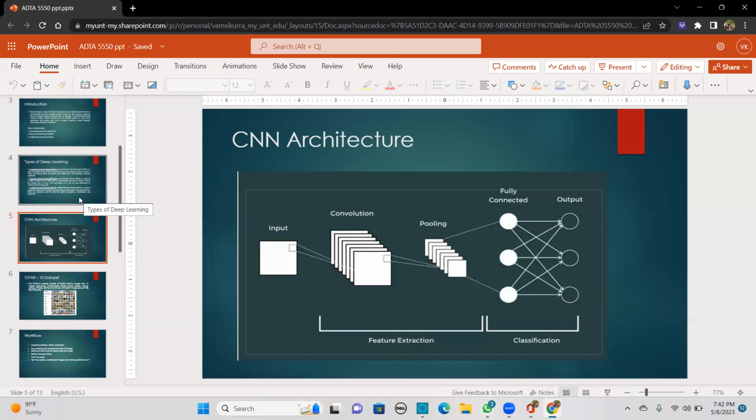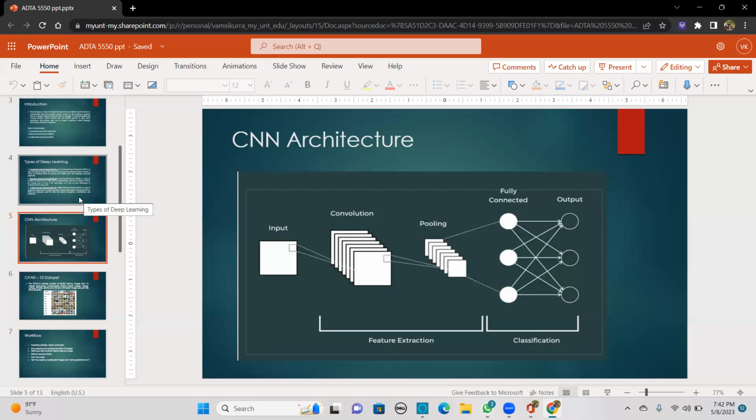The function helps to speed up the training process and prevents the vanishing gradient problem. Other activation functions that can be used in CNN include the hyperbolic tangent function.